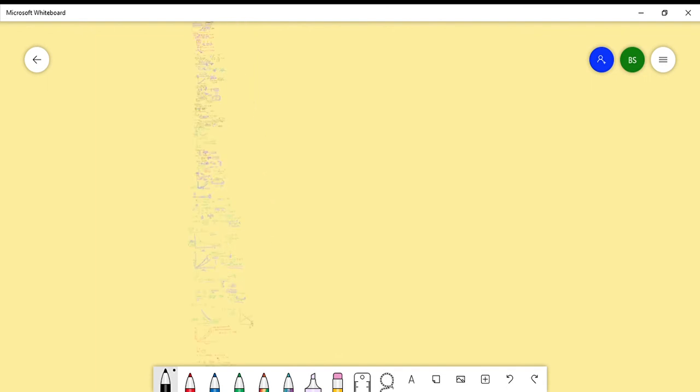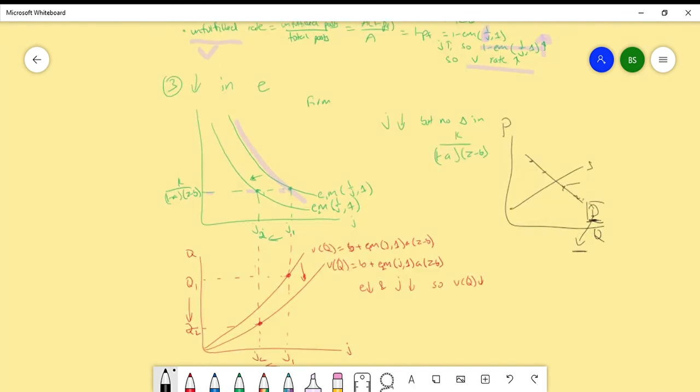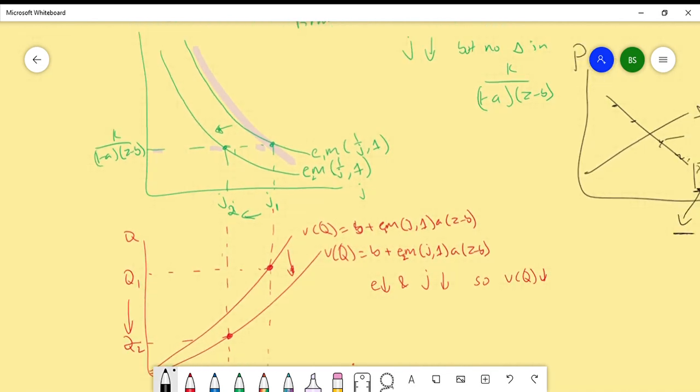So the thing is the demand and supply curve. In the prior two examples, the only things that changed were the values on the side of the graph, like K, A, Z, or B. Those are the only things that changed, so there was no change in the actual curve.